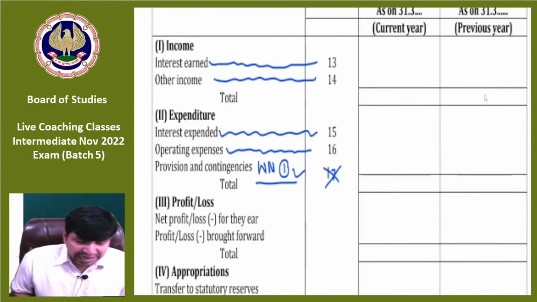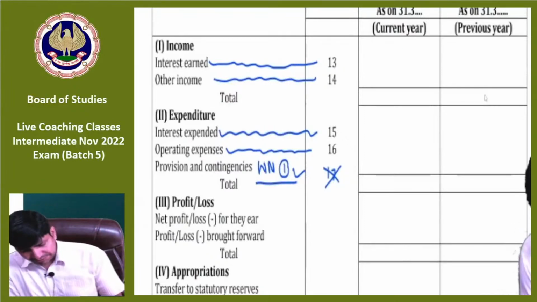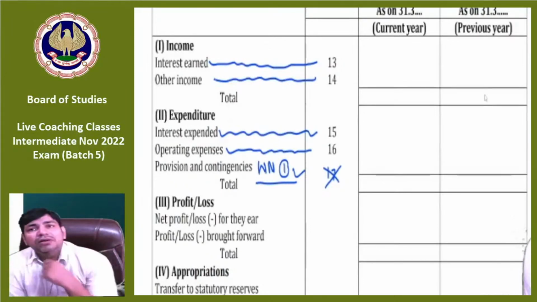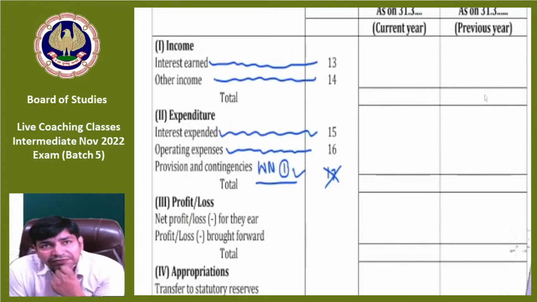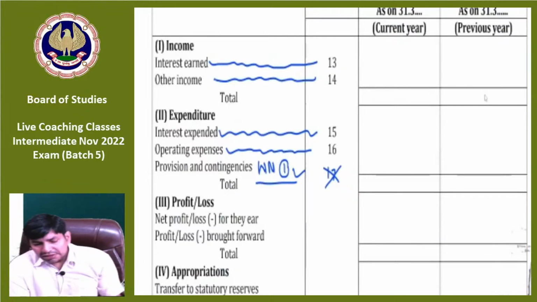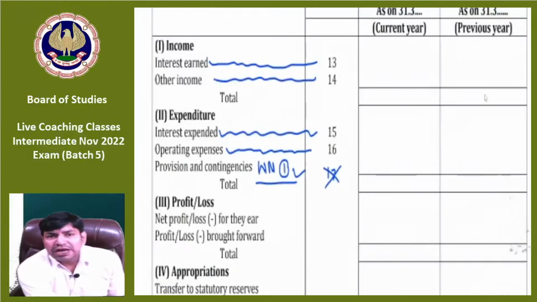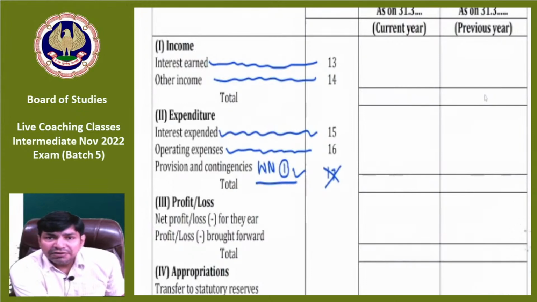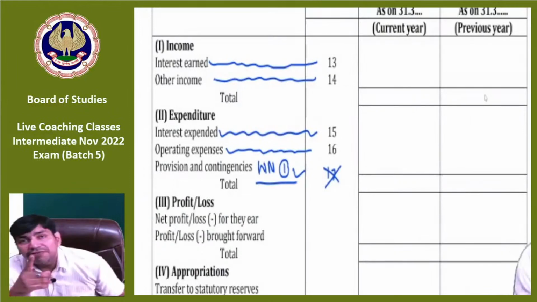Now, if there is any other income, such as profit on sale of fixed assets, where will it fall? Tell me first. I am asking you just to make you understand first. Only after that we shall practice the questions so that we can handle them in a better manner. Okay, beta? Of course, schedule number 14.